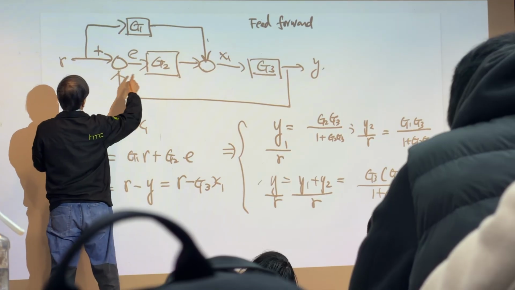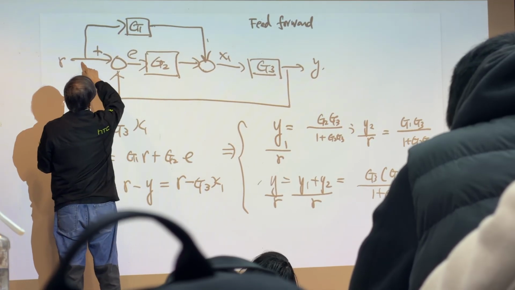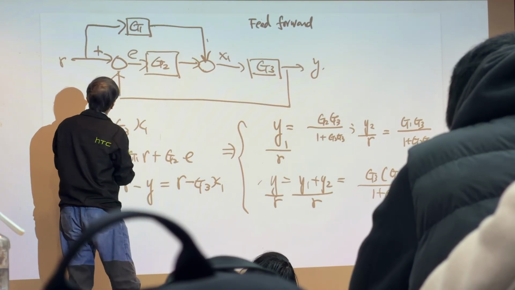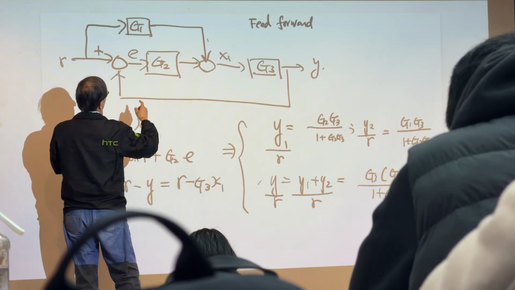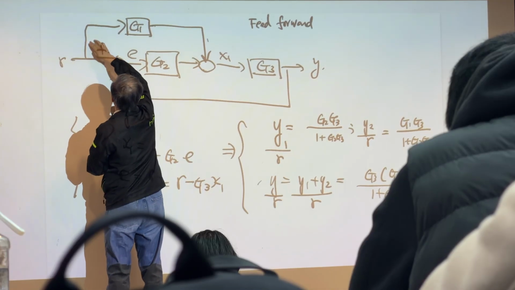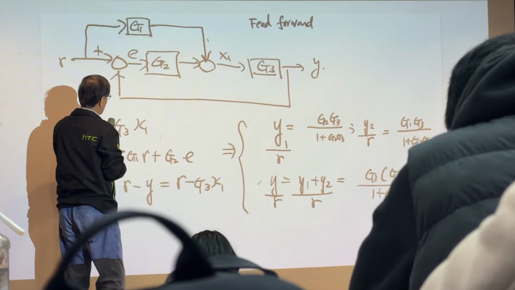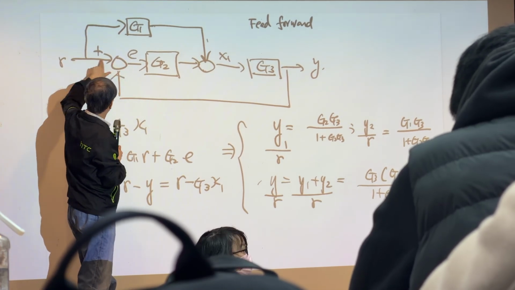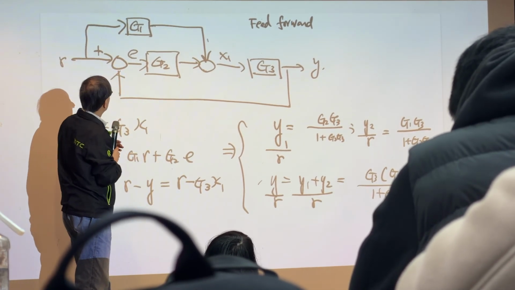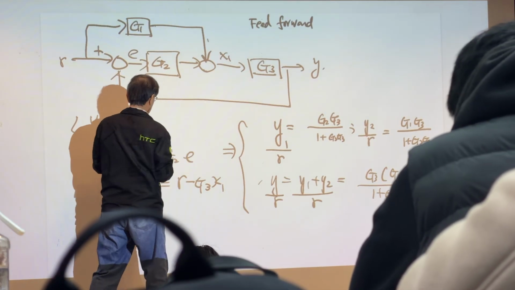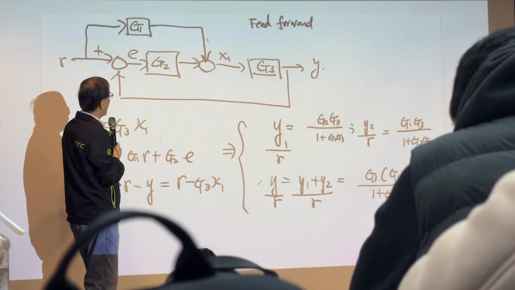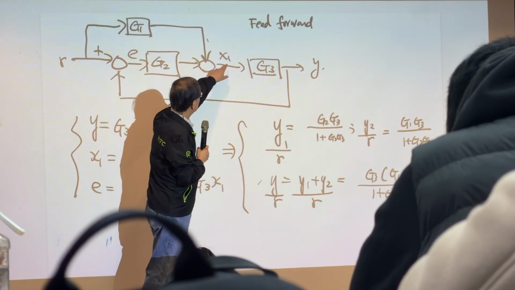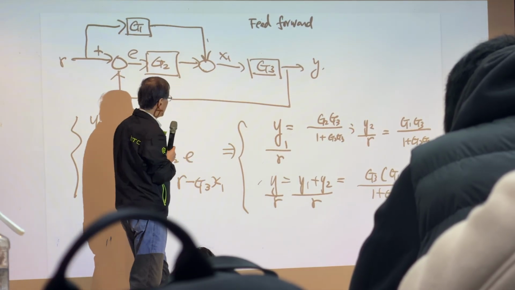So x1 equals G1R plus G2 times E. So here x1 means we have this path and this path, two paths. One is G1R, the top path, and another is G2E, the second path. But then E equals R minus this. R minus G3X1, right? So E equals R minus Y and equals R minus G3X1, because Y equals G3X1, right?